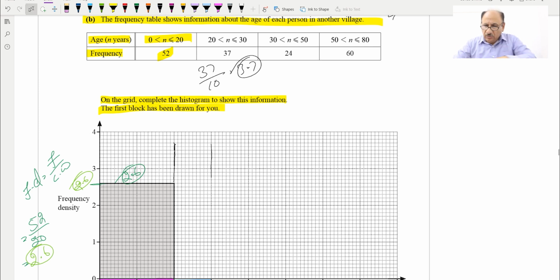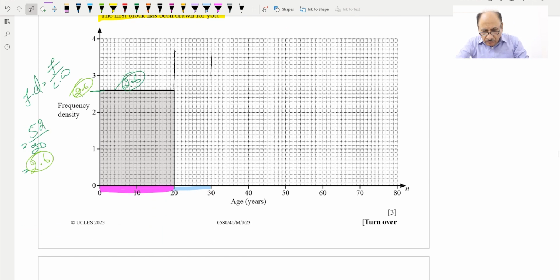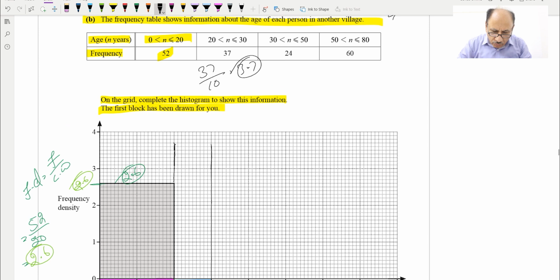We can draw properly. So this will be the bar, and we need to close the bar as well.